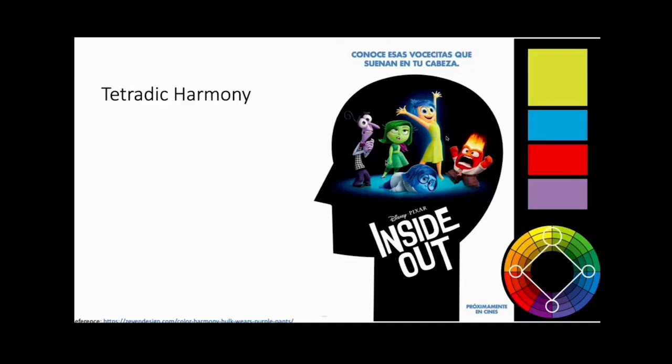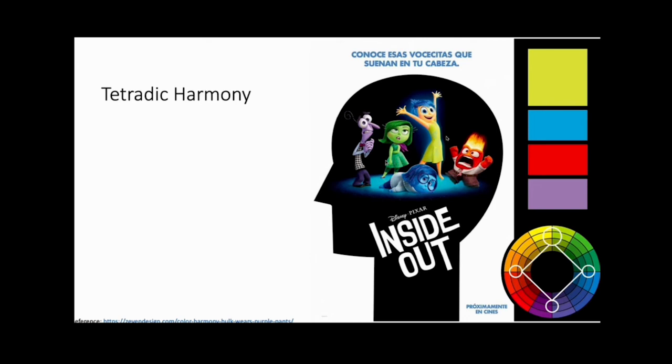A great example of that is this movie poster, the Inside Out movie poster. So even though we have all of these colors happening, number one, they're kind of broken up by the black, which helps really clean it up a little bit.